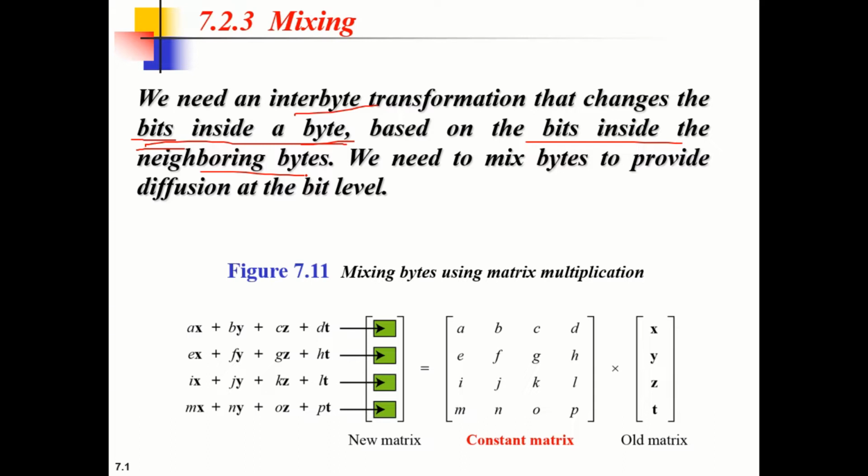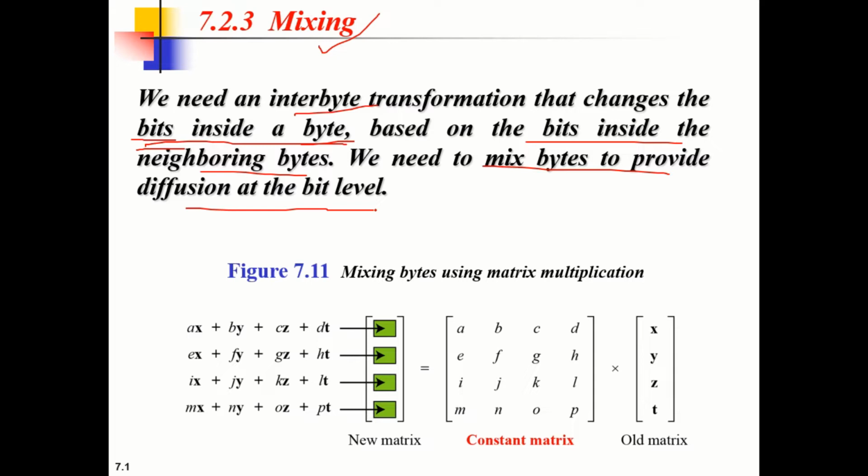For this kind of inter-byte transformation, we use the mixing operation, which is the third transformation operation in each round. So we need to mix bytes to provide diffusion at bit level. This mixing transformation changes the contents of each byte by taking 4 bytes at a time and combining them to recreate 4 new bytes.